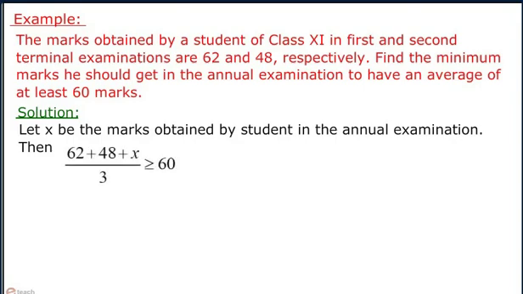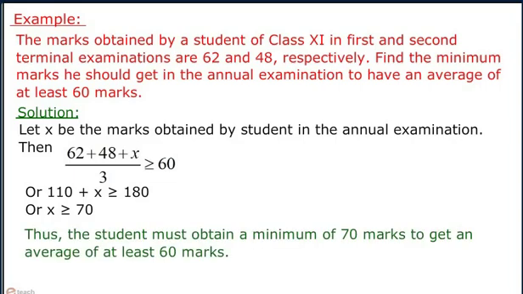Then (62 plus 48 plus x) by 3 is greater than or equal to 60, or 110 plus x is greater than or equal to 180, or x is greater than or equal to 70. Thus, the student must obtain a minimum of 70 marks to get an average of at least 60 marks.